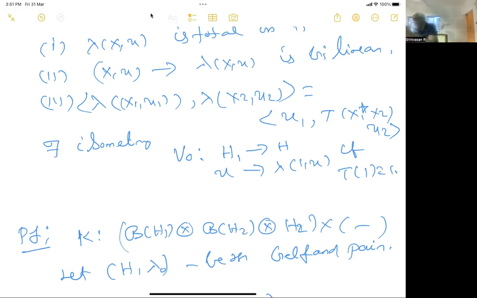For whatever channel we are using, T is not unital. It's just the dual map that is unital. A symplectic channel need not be unital. B of H1 always has a unit, 1, but we need T of 1 to be 1, normalized.